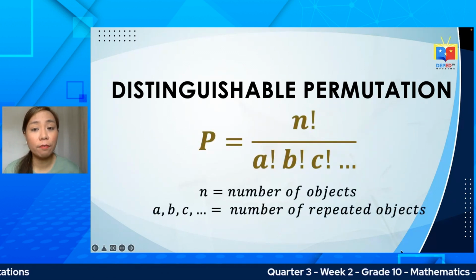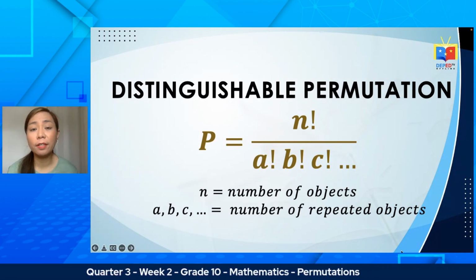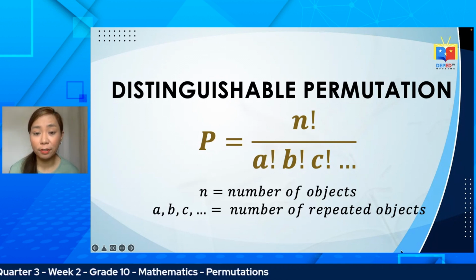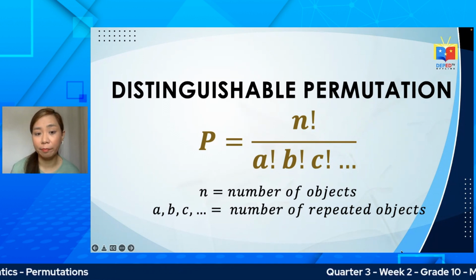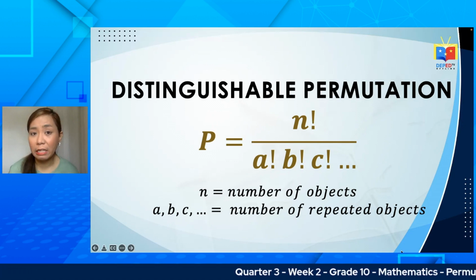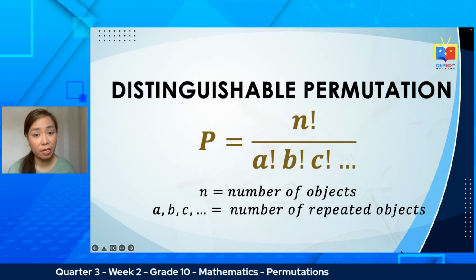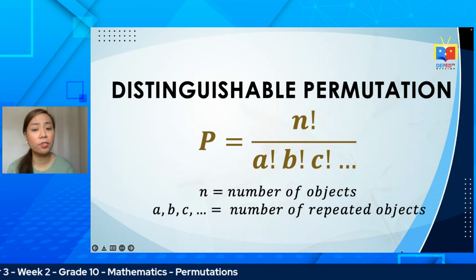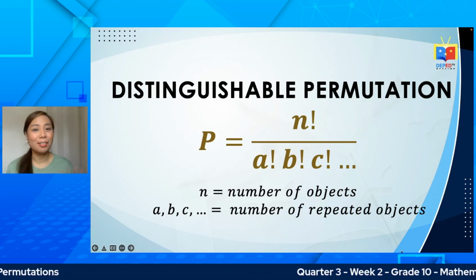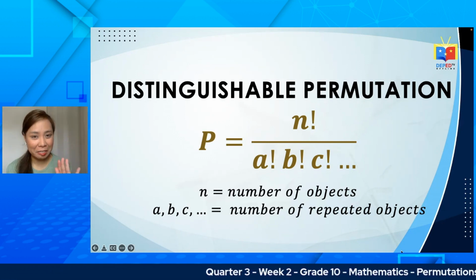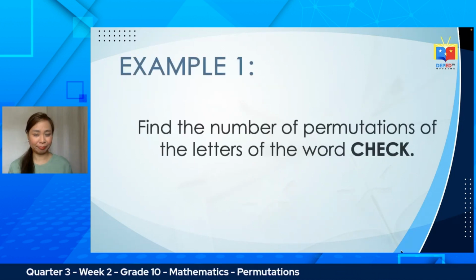The formula to use for this permutation is permutation equals n factorial over a factorial, b factorial, c factorial, and so on, where n is still the number of objects, while a, b, c, and any other letters could be the number of repeated objects. Don't worry, this will be easy. Let's have an example for us to use this formula.